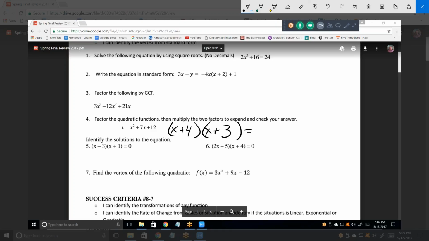FOIL this, or do it every term by every term. What do you get? You get x squared plus 7. Well, you can do it term by term. I would almost rather you do it term by term.